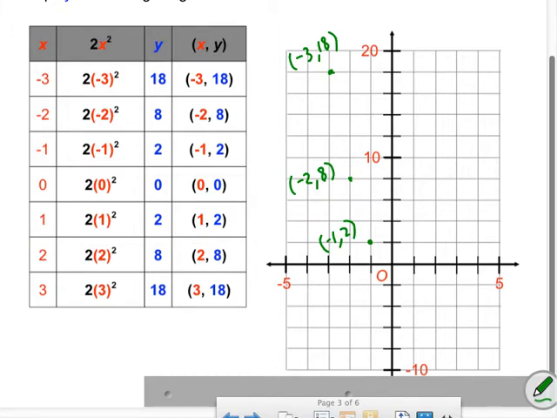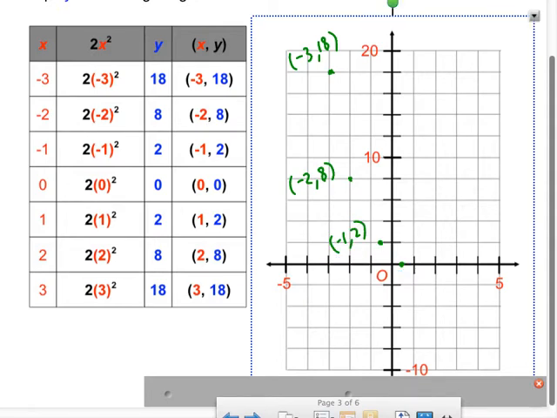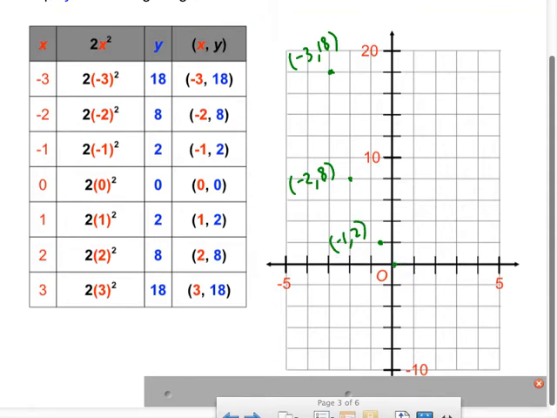Okay, at 0, I'm at 0, the origin. At 1, I messed up on this graph. That should be negative 1, positive 2. Okay, and then over here, positive 1, positive 2.